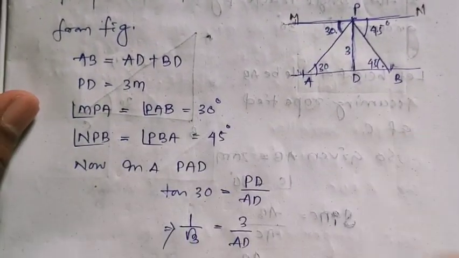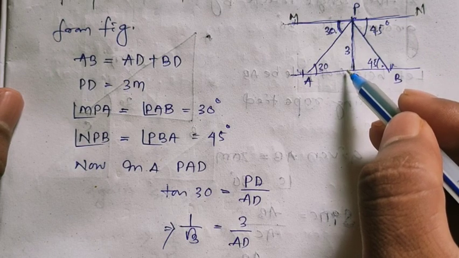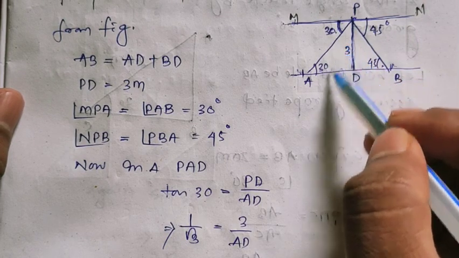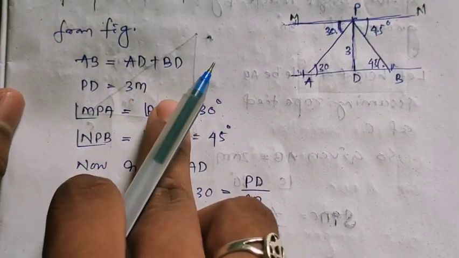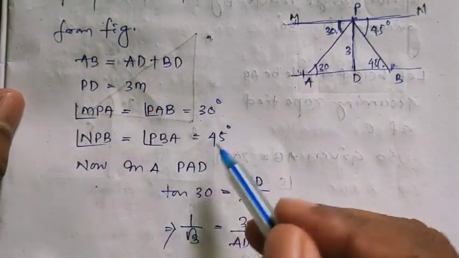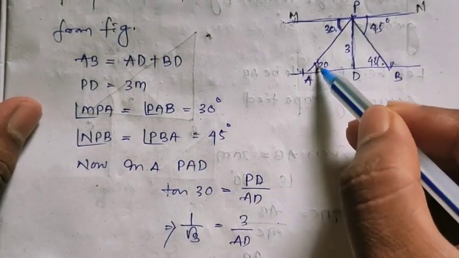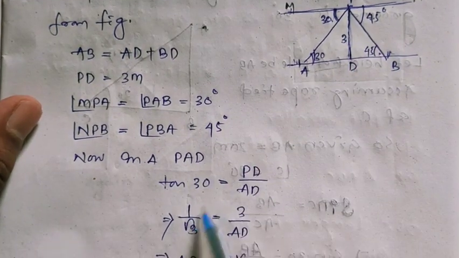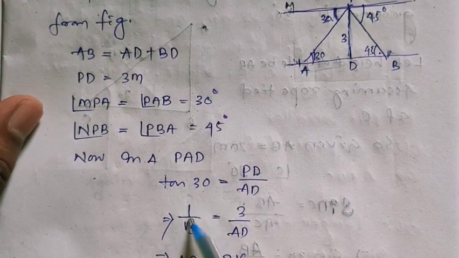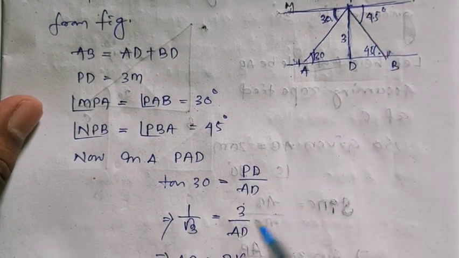So here it is given that in this triangle PAD, I have written what is given, and now we will solve. In triangle PAD, tan 30 is equal to PD by AD, which is equal to tan 30 is equal to 1 by root 3, which is equal to 3 by AD.